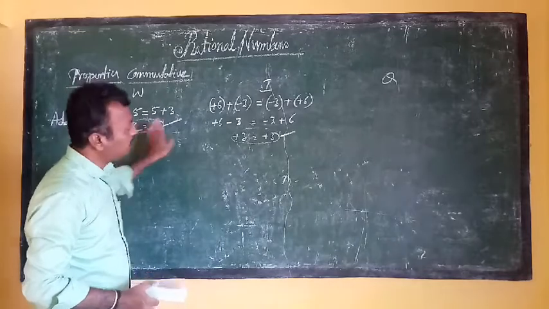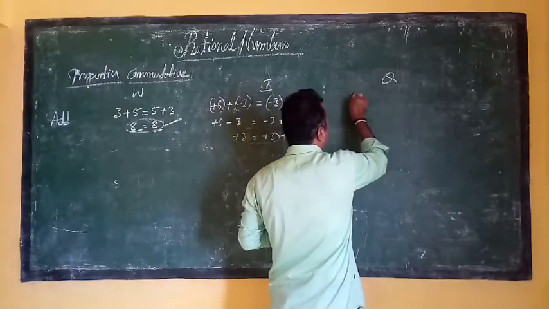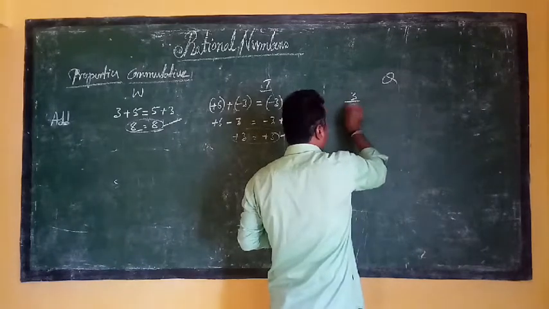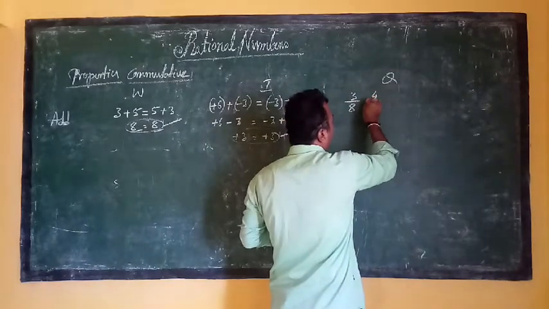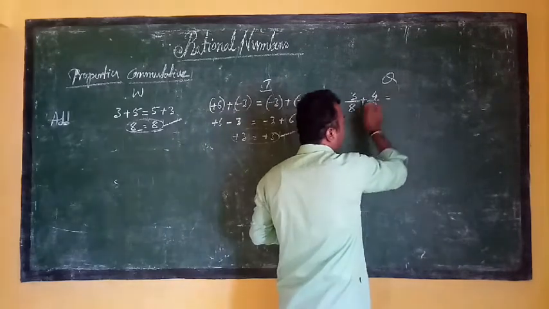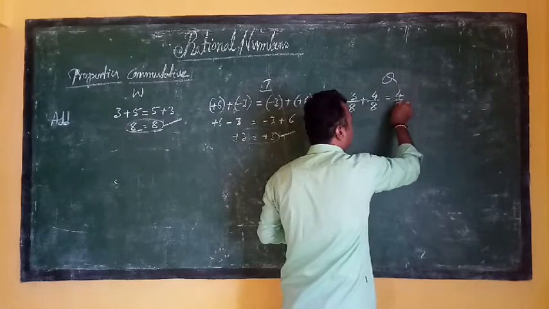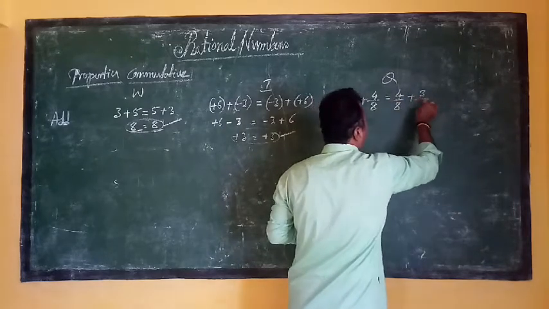Whole numbers are satisfied and integers are also satisfied. Next, rational numbers. 3 by 8 is one rational number and 4 by 8 is another rational number. I will add them, and then interchange the order: 4 by 8 plus 3 by 8.